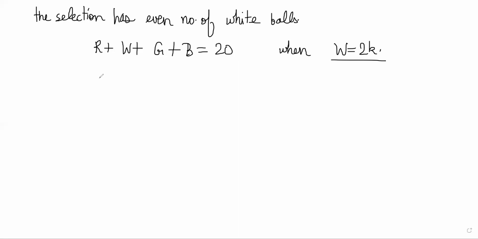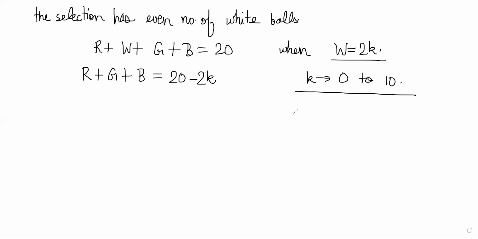So ideally what you should do is say R plus G plus B is equal to 20 minus 2K, where K can go from 0 to 10. And then try to solve this equation. This is a summation now. K is a variable and you have to sum it up over all the cases.